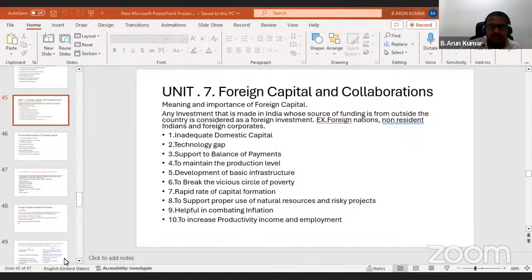Then we liberalized our industrial policies, and we are accepting investments from different nations for the development of our country.